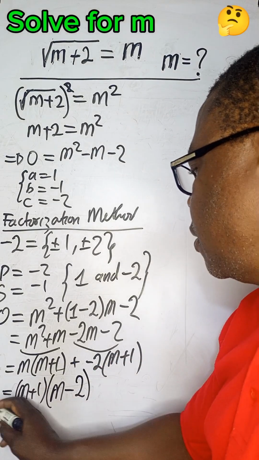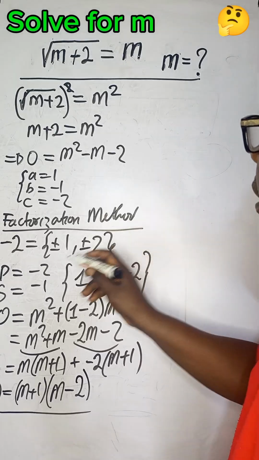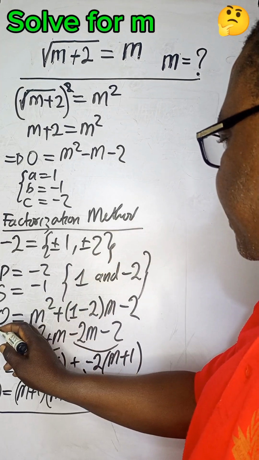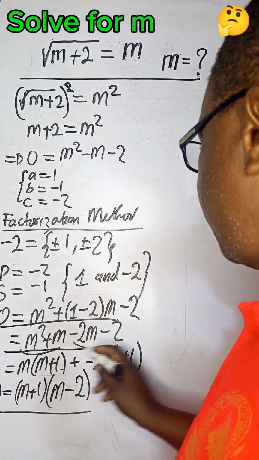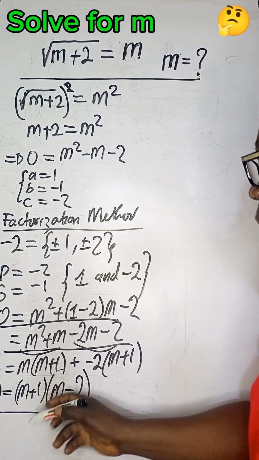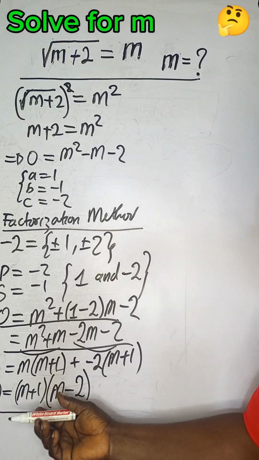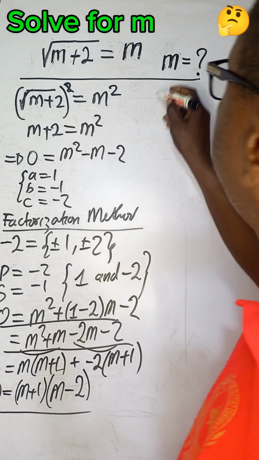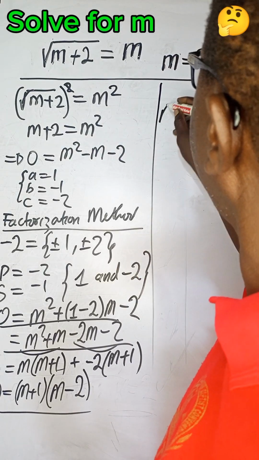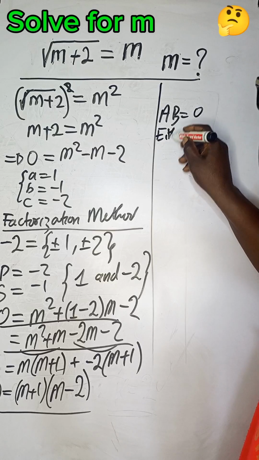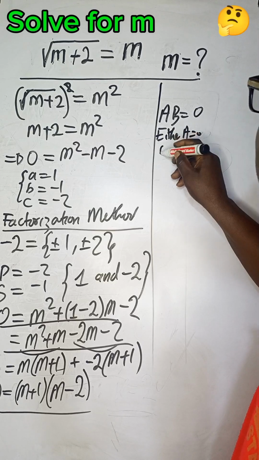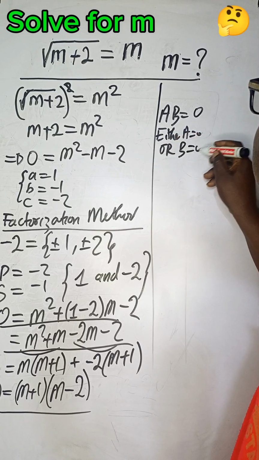All right, so we have expressed our quadratic equation as a product of its factors. So we have product of two things giving us 0. Remember that when we have product of two things giving us 0, it means either the first is 0 or the second is 0.